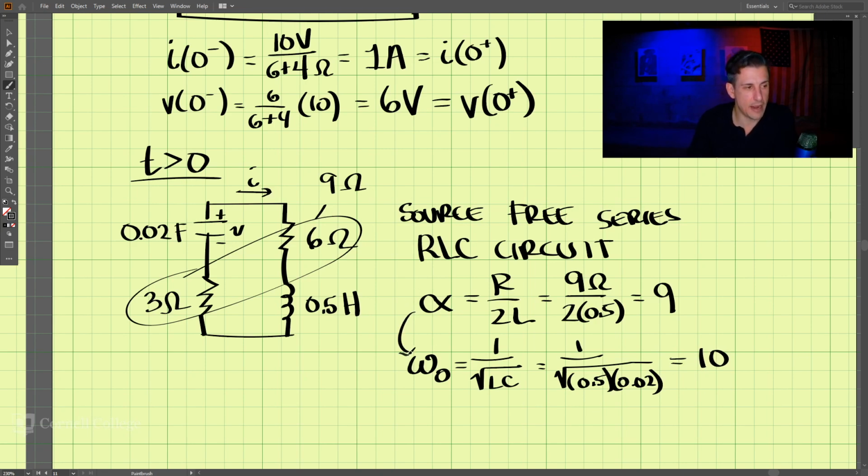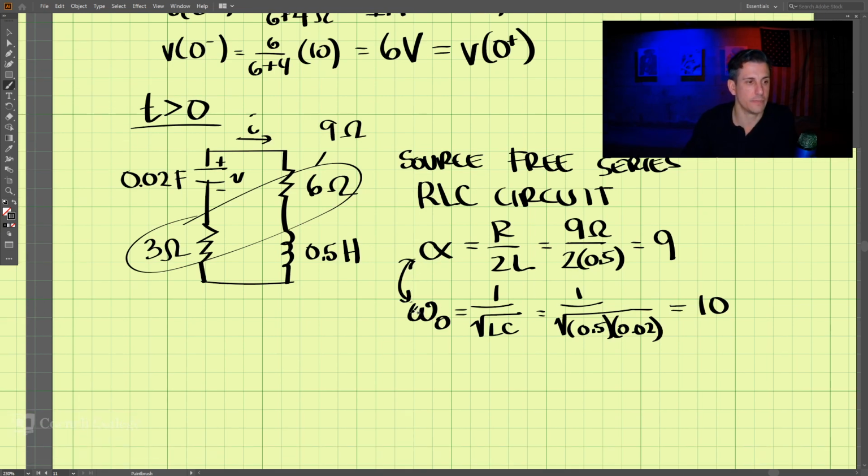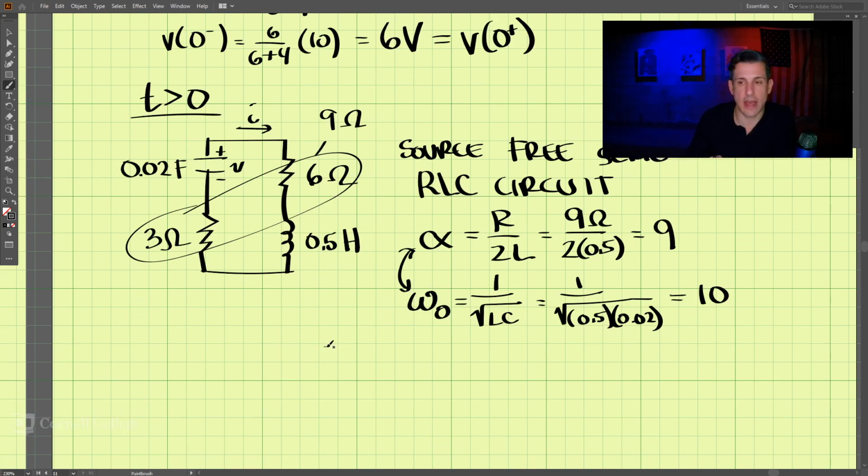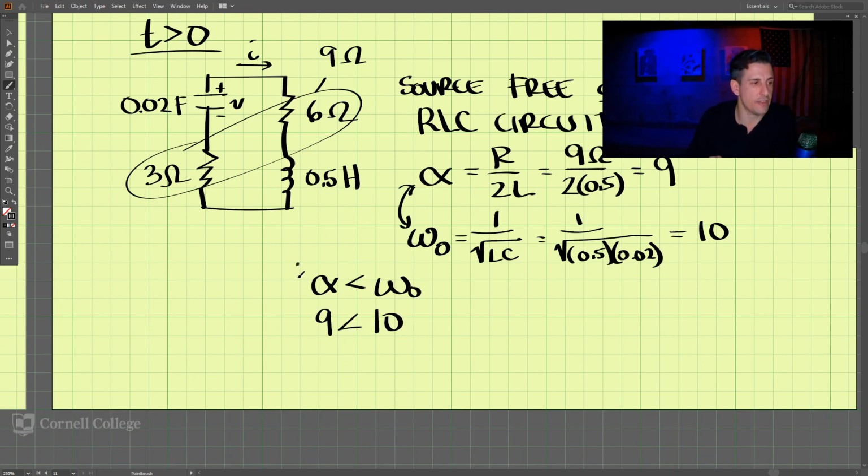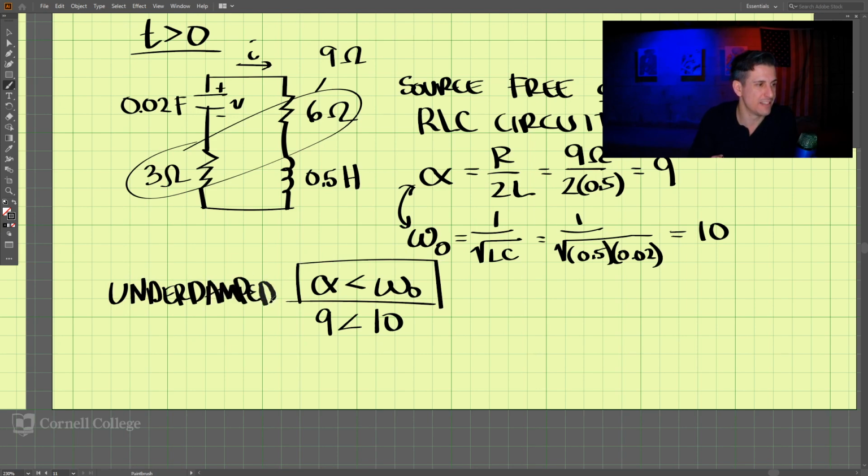So now we compare these two values, and we see that alpha is less than omega naught. That is, 9 is less than 10. So because of this, we have an underdamped scenario.